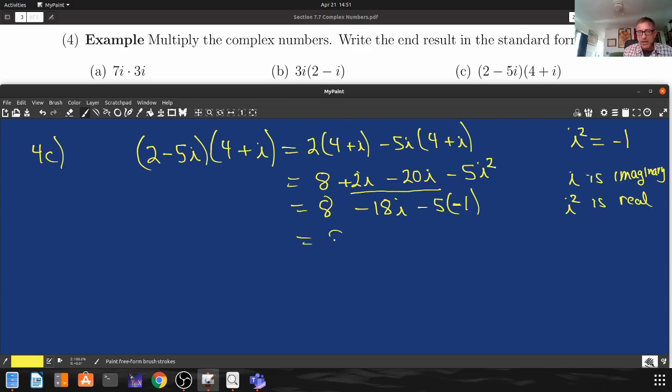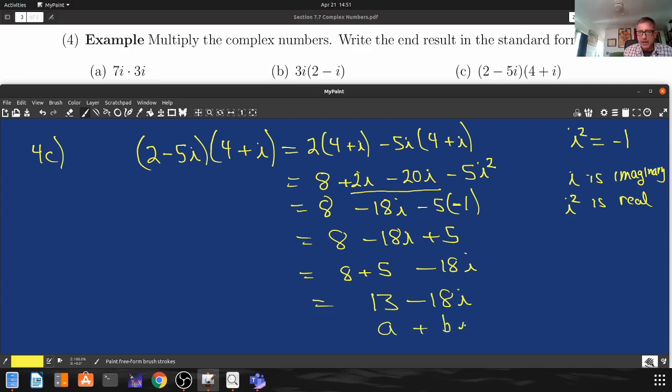So this is equal to 8 minus 18i. Minus 5 times minus 1 is plus 5. So that's 8 plus 5 minus 18i, which is equal to 13 minus 18i, a plus bi, where a is equal to 13 and b is equal to minus 18.